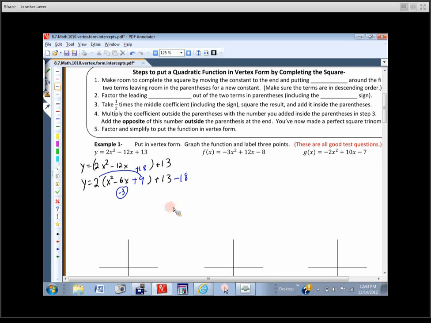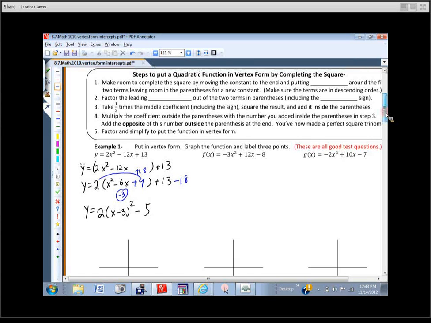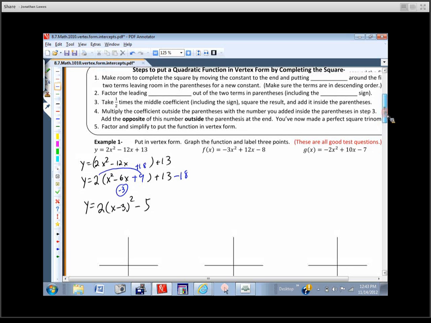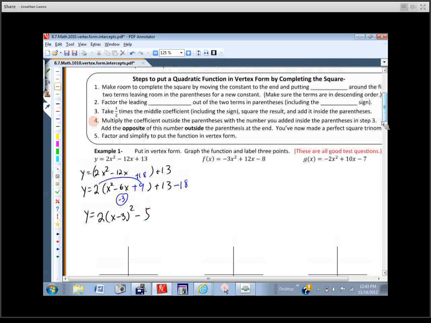Okay. So here's what the equation looks like now. Y equals 2, x minus 3 quantity squared minus 5. It's in vertex form. Okay? So let's just run through and make sure we're clear on how this process works.